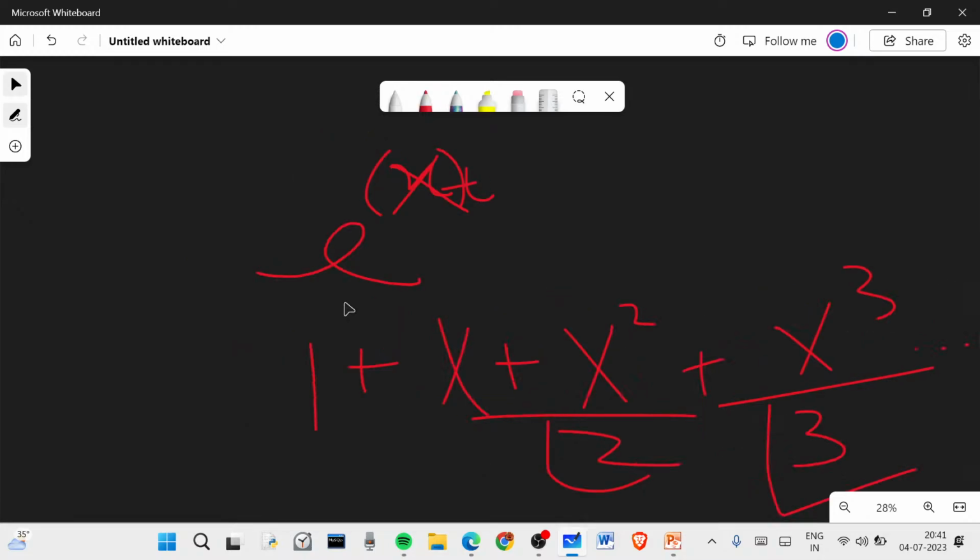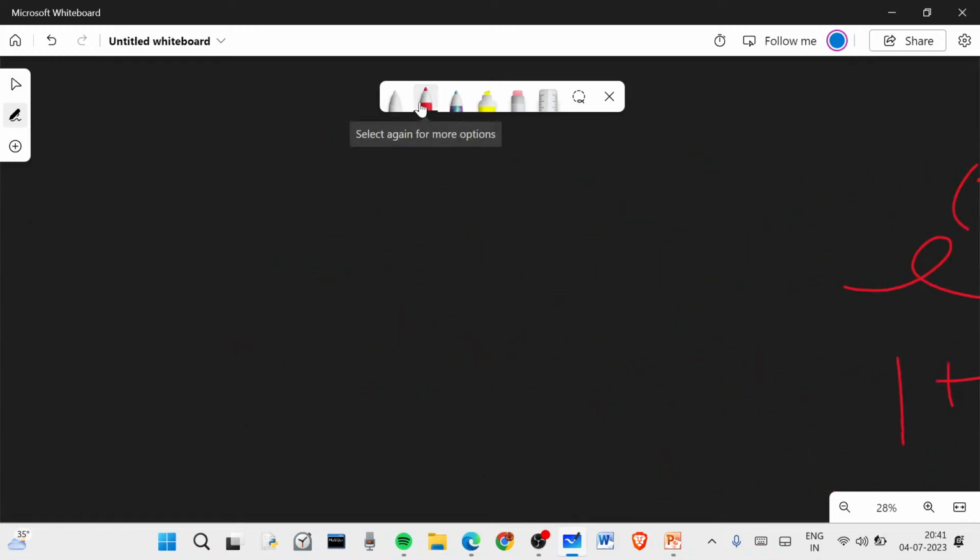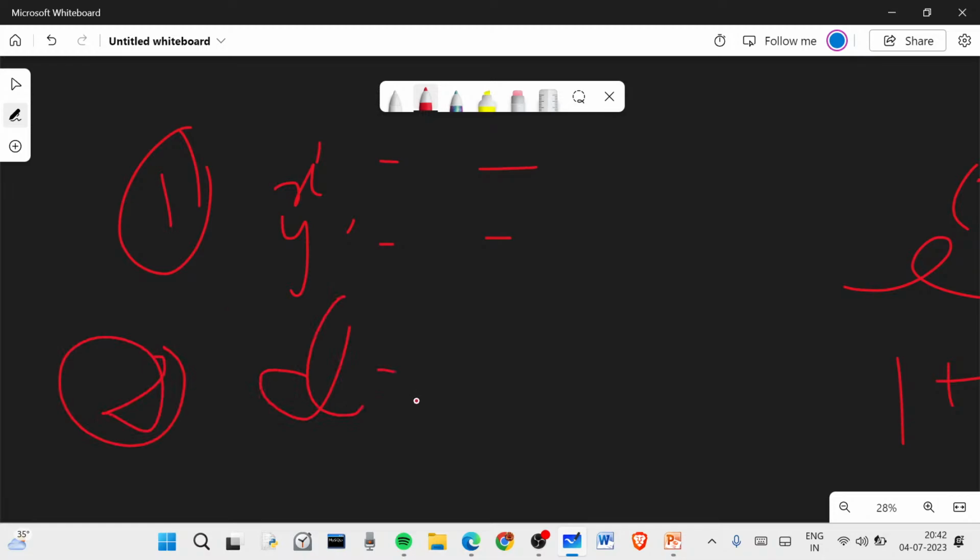Our first motivation was to find the solution of a system of linear equations. Our second motivation is solving this differential equation in terms of a vector, or basically I would be more inclined toward a matrix in this video.